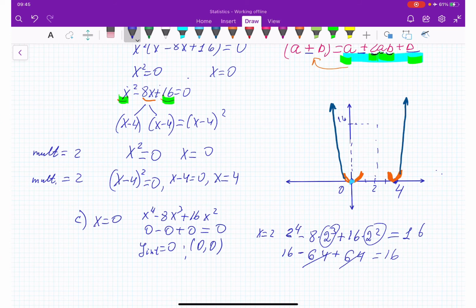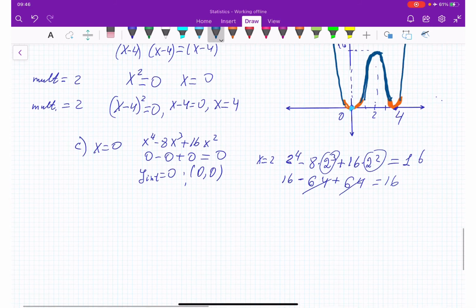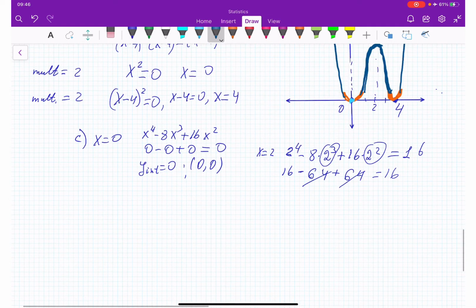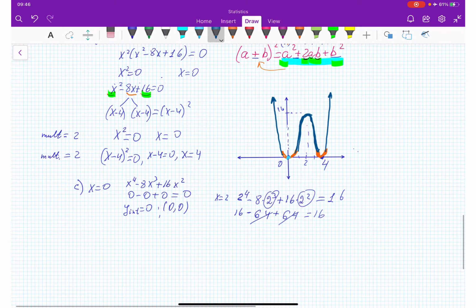So which means it's gonna turn here and connect here. And that's how we get our graph. All right. Okie dokie. Moving to next question.